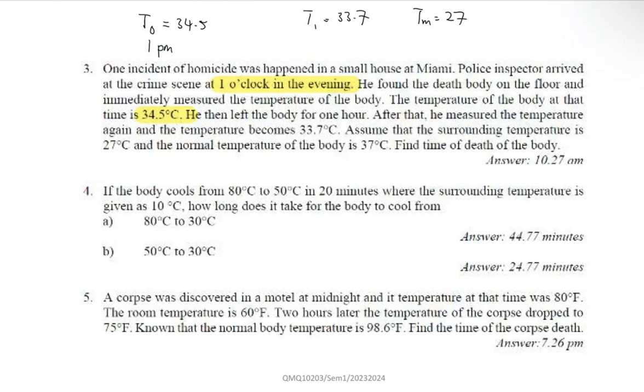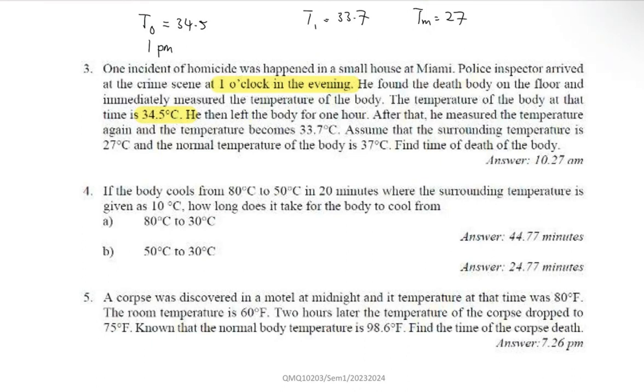We don't know the time of death of the body, but we know that when we found the body, initially the temperature is 34.5 degrees Celsius. After 1 hour, it became 33.7. The surrounding temperature in this room is 27.